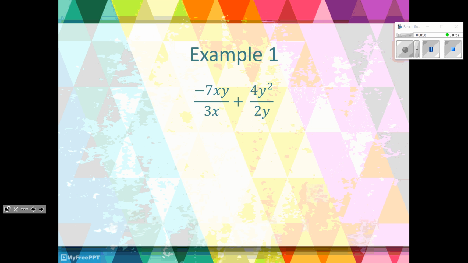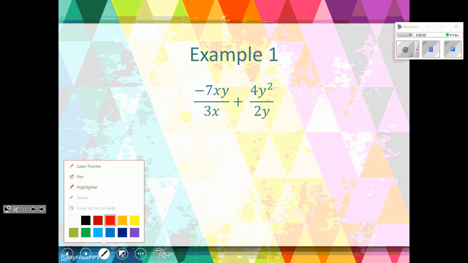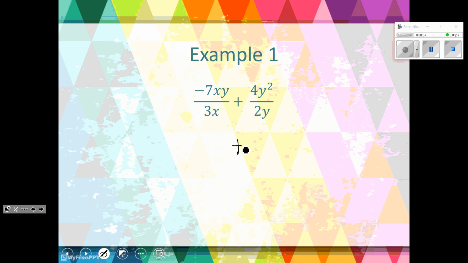So first things first. This is my key to success: draw your blanks and set up your problem. That will help tremendously. This is what I mean, draw your blanks. We're going to have to change our fractions right here to have common denominators.